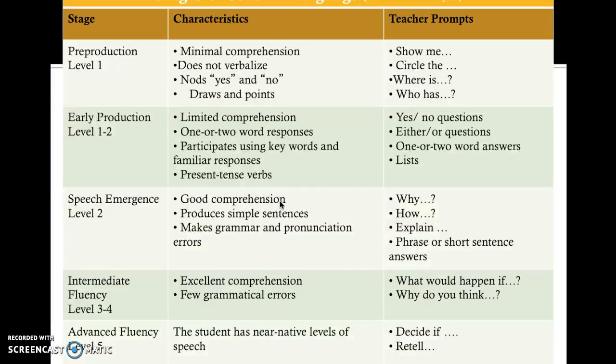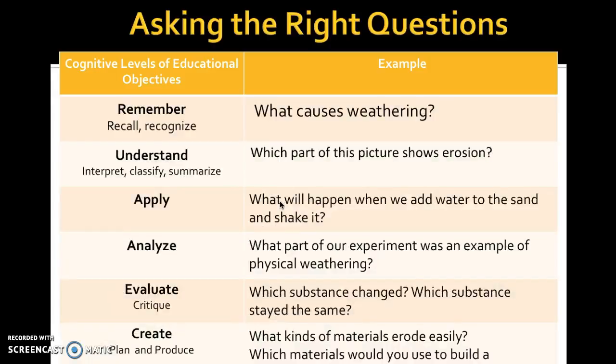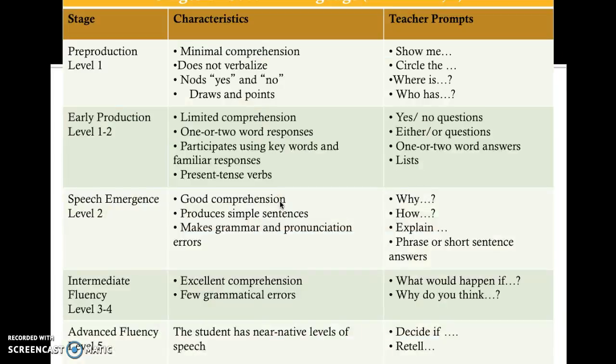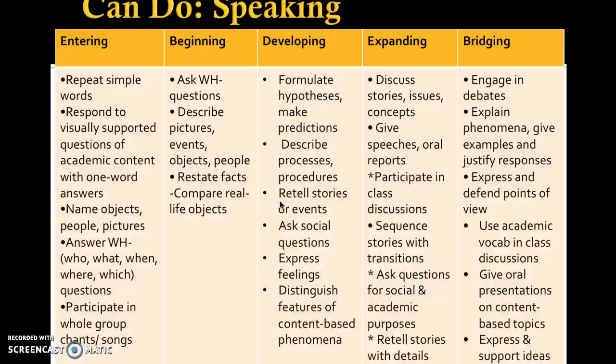Now, that slide showed the different levels of cognitive demand or cognitive level. On this slide, this is the chart that is provided on page 47 of the article and shows the different stages of language production, as well as the teacher prompts that we could utilize for those different stages.